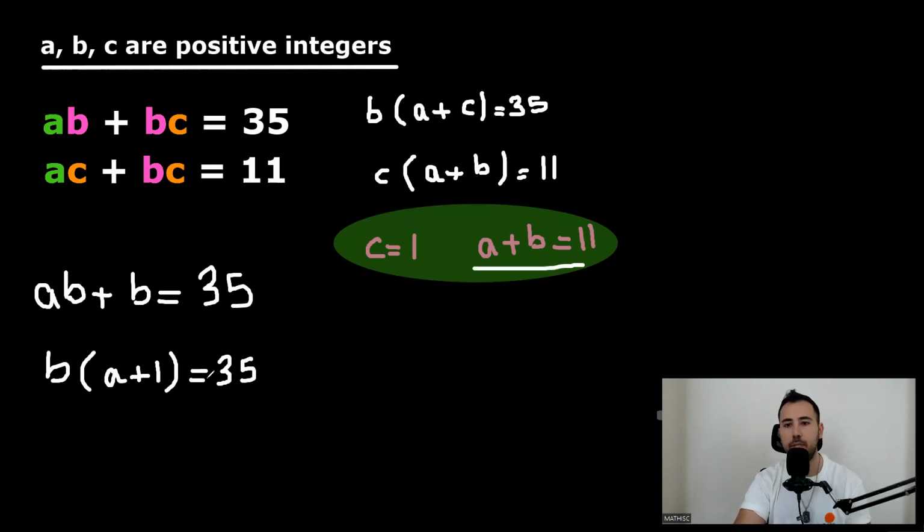So from here, we know that B equals 11 minus A. Is that right? Okay. So here, I'm going to write 11 minus A for that reason. So 11 minus A times (A plus 1) is 35.